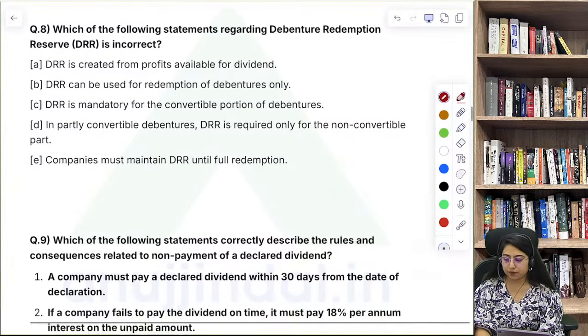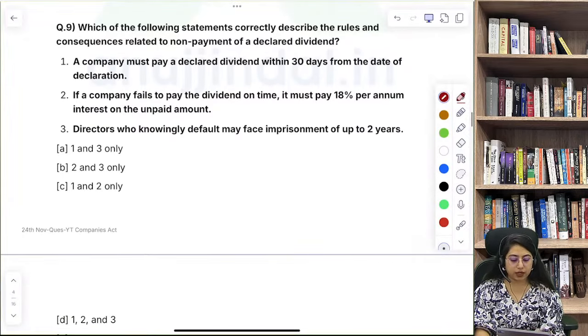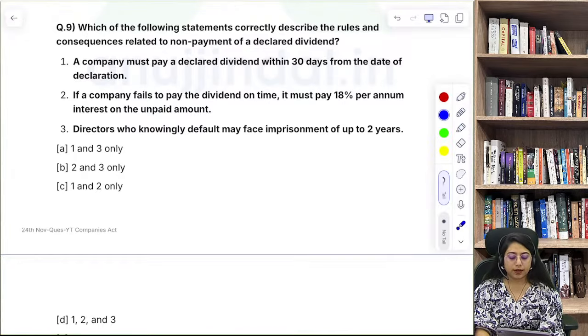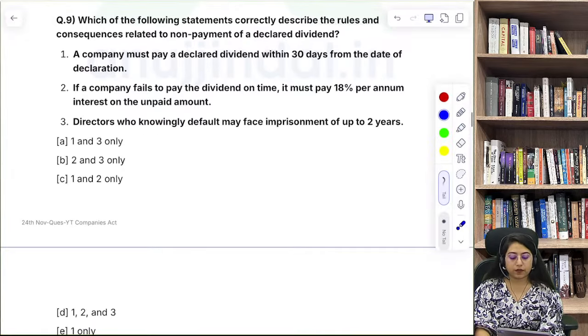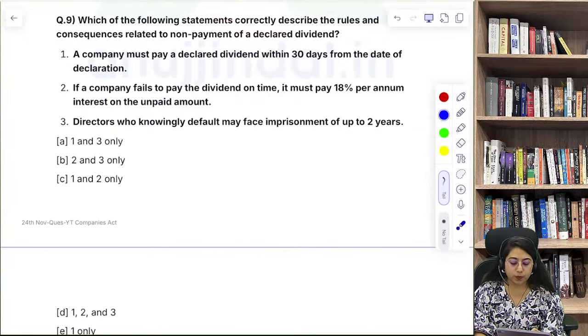Which of the following statements correctly describe the rules and consequences related to non-payment of the declared dividend? A company must pay a declared dividend within 30 days from the date of declaration. If the company fails to pay the dividend on time, it must pay 18% per annum interest on the unpaid amount.